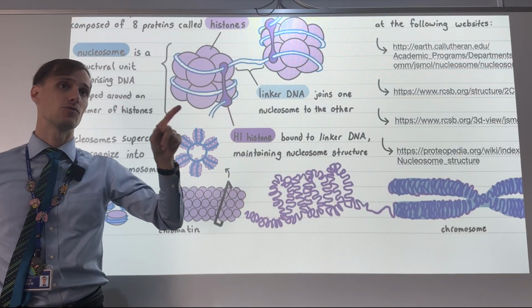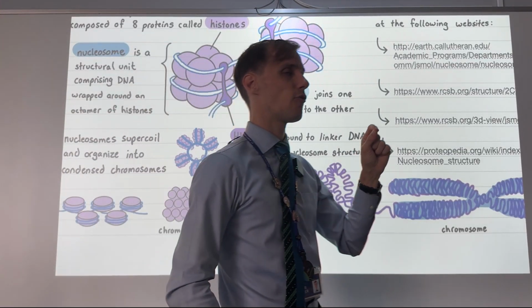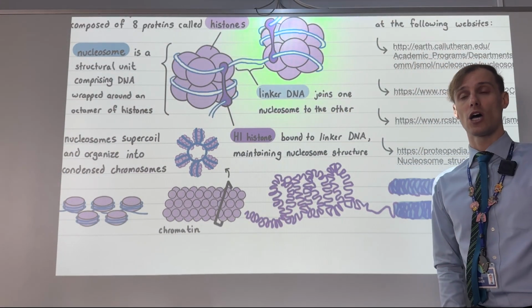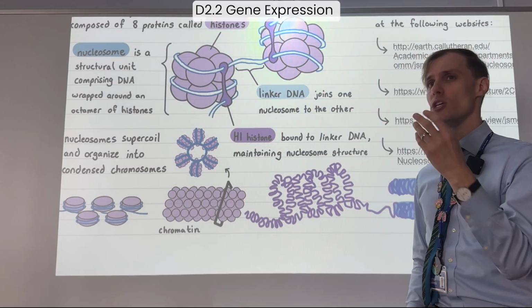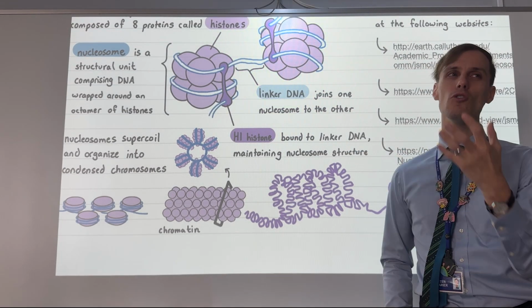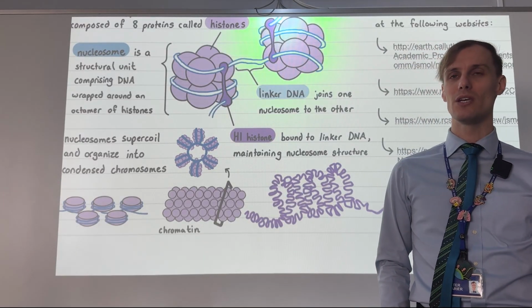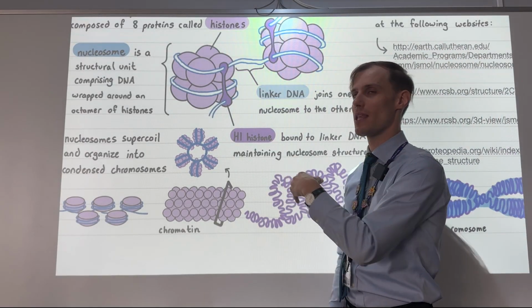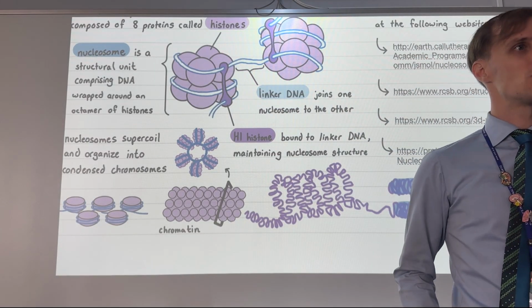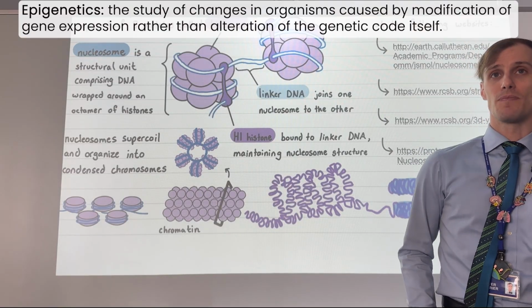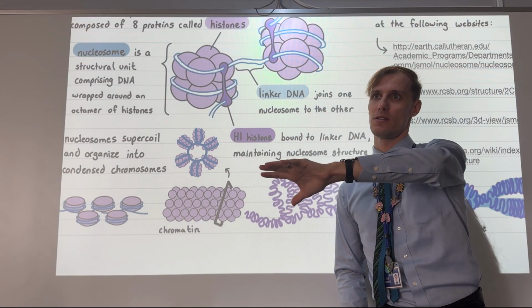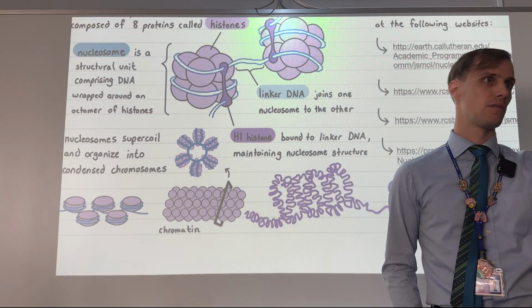Now these histones are not just important for structure. In another topic that we'll look at in this course, gene expression, they have a huge role in actually expressing your genes, because something that's a really fascinating area of biology, something called epigenetics, it's how does the environment alter gene expression, right?